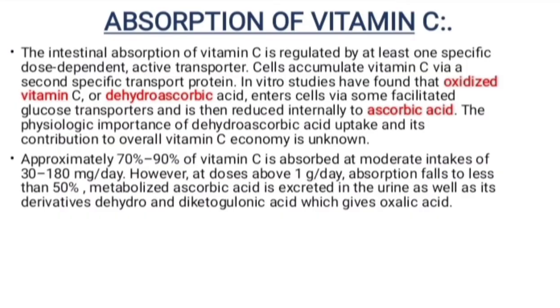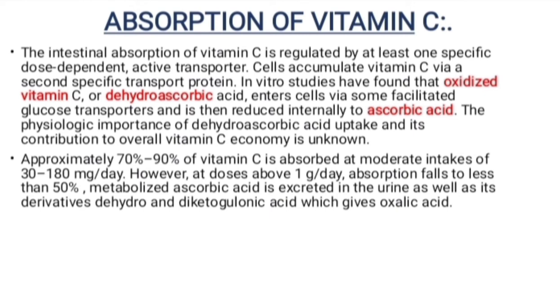Now come to absorption of vitamin C. The intestinal absorption of vitamin C is regulated by at least one specific dose-dependent active transporter. Cells accumulate vitamin C via a second specific transport protein.